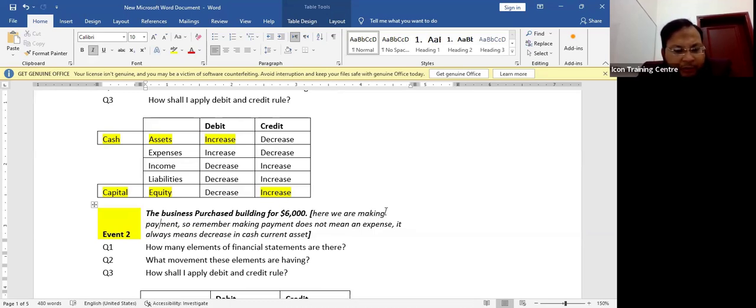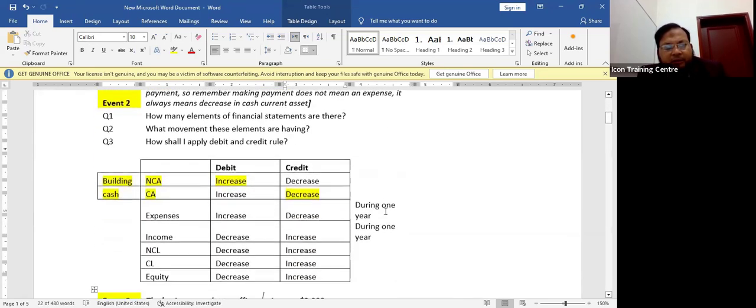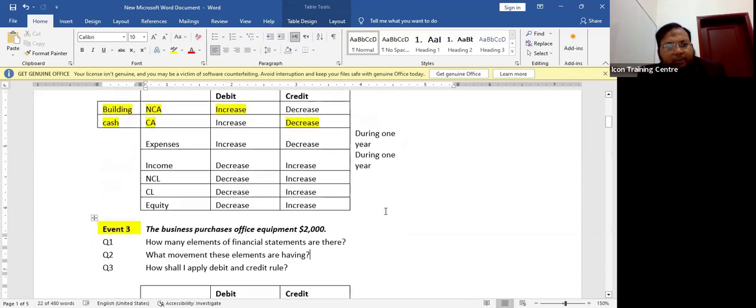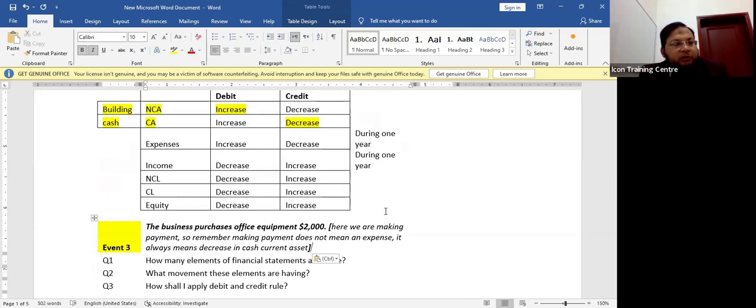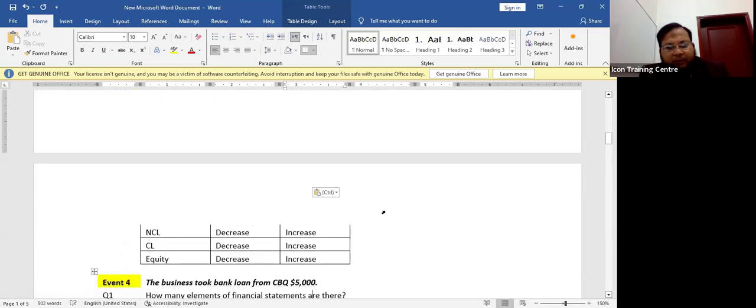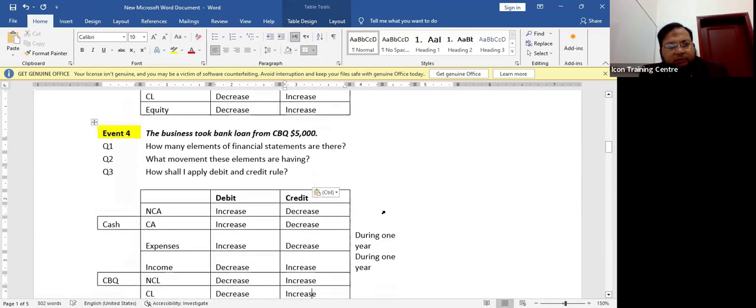Because here we are purchasing the building and making payment of 6,000, we do not consider it an expense, rather we consider it a decrease in cash asset. Similarly, in this transaction, we were purchasing office equipment and paying cash. Cash doesn't mean here that we are making some expense, rather it means that the cash current asset is decreasing. Now let's move to the next transaction.